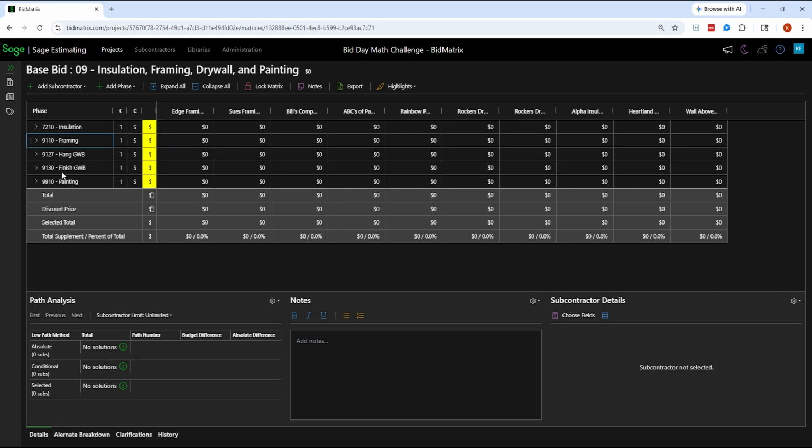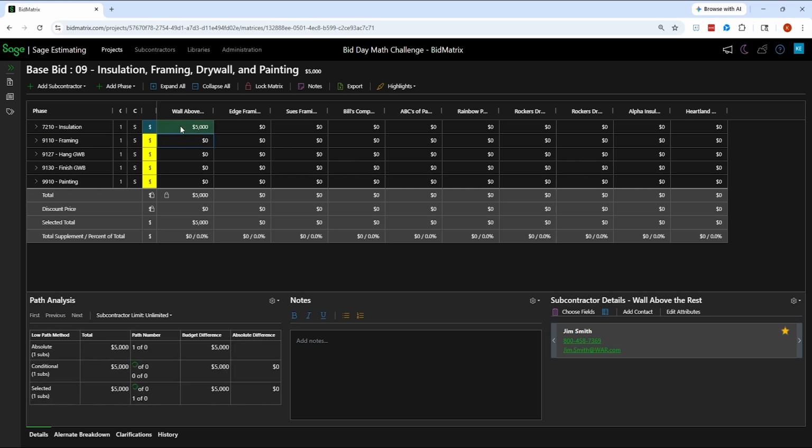So basically I've got the scope that's being bid, and I've got my bidders going across the top. The first one in our example was kind of this one, so I'm just going to move them over here to keep it somewhat similar. As I come in here, I just enter the prices of what the bids were.